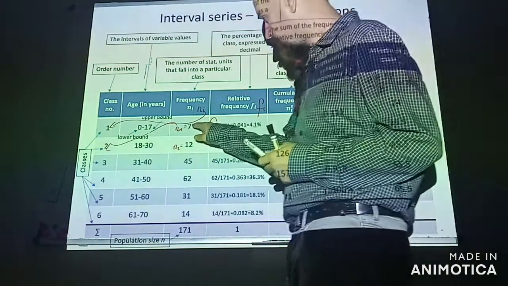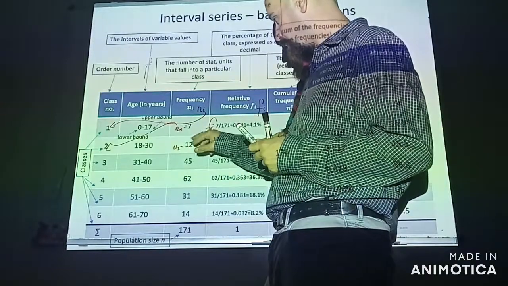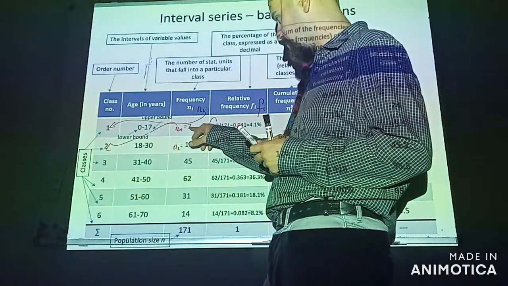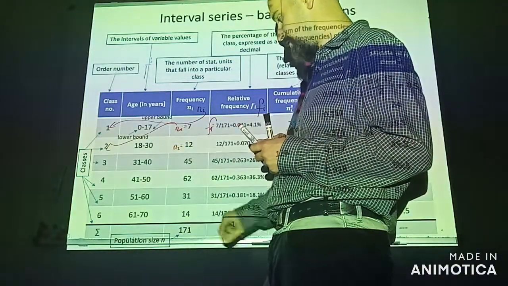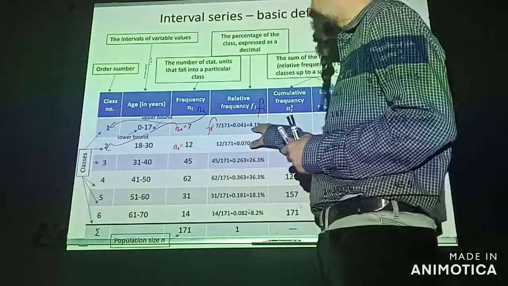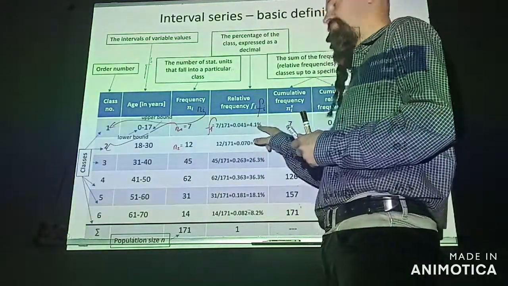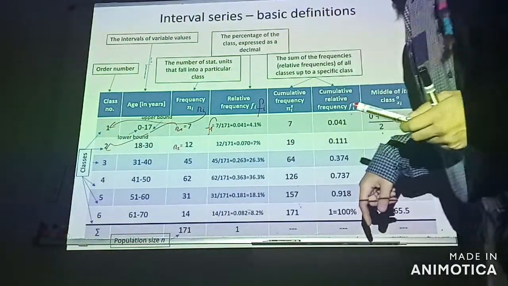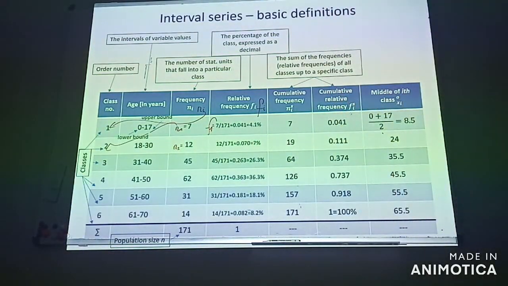So we know that 7 statistical units of 171 represent 4.1% of the population.